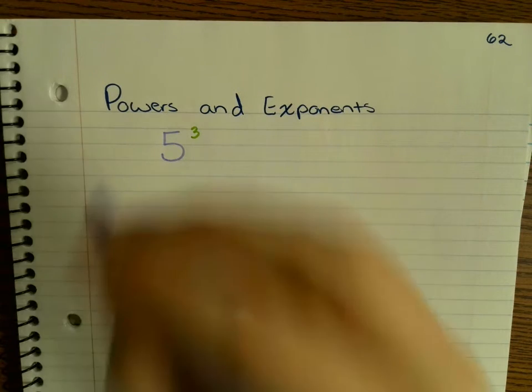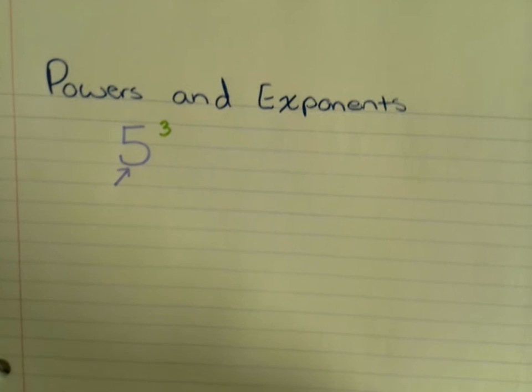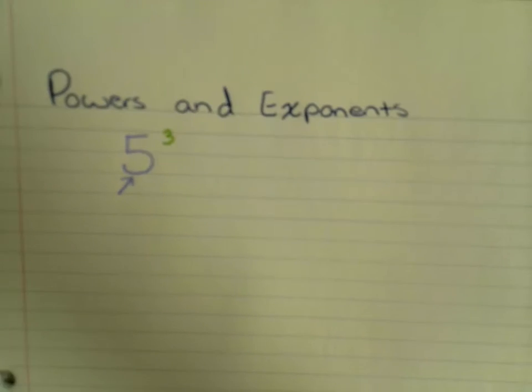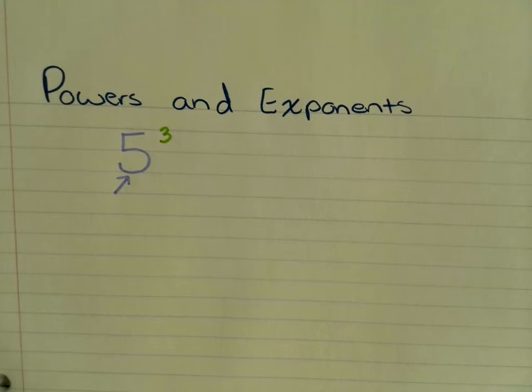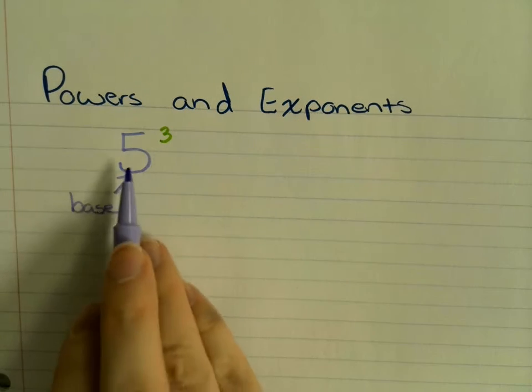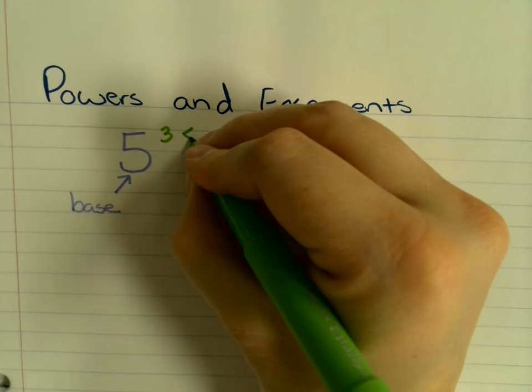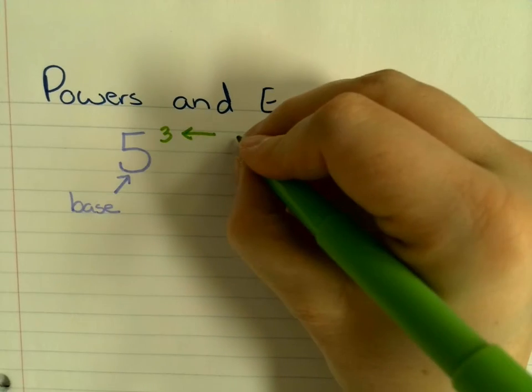Okay, this 5 right here, let me zoom in a little bit more so you guys can see it easier. This 5 is called our base. So whenever you hear me talking about base, this is what I mean, the 5 in this case. And then that little number in the corner is called the exponent.